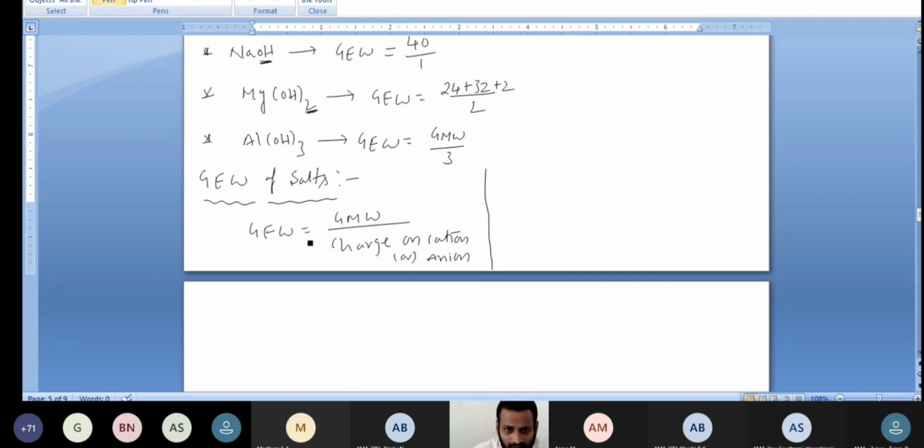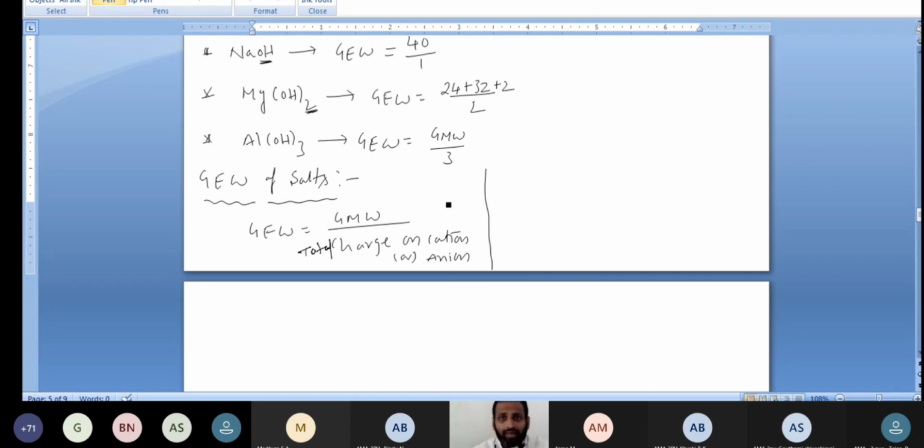Here you have to write the total charge on cation or anion, that's better, because in some salts you have 2 cations, in some salts 2 anions, maybe 3, 4 like that. At that time, you have to consider the total charge of all cations and the total charge of all anions.